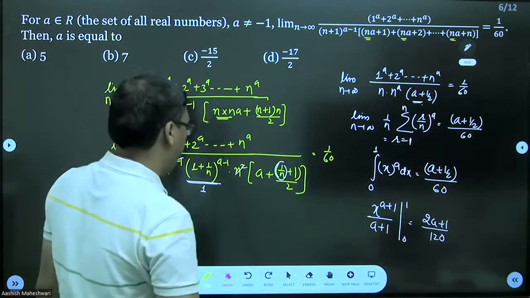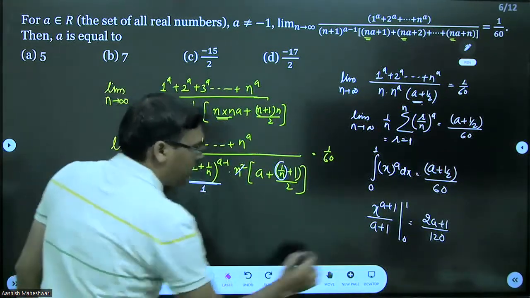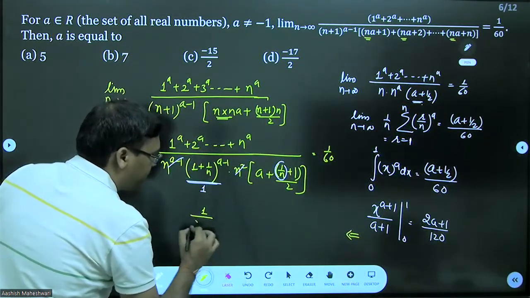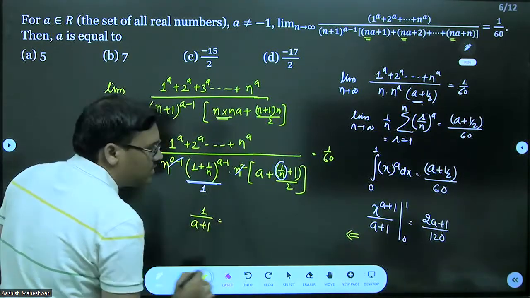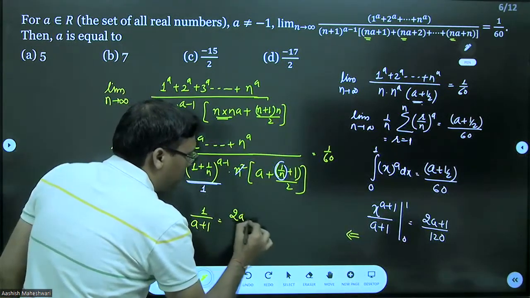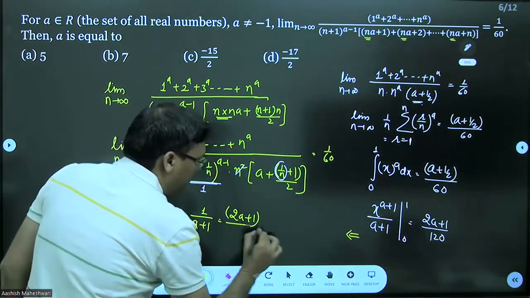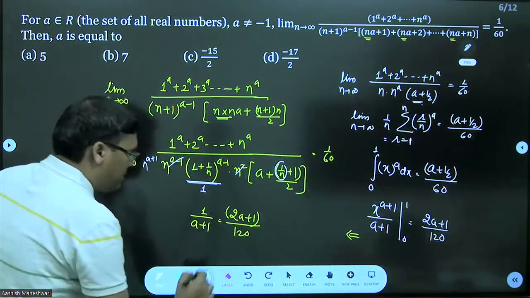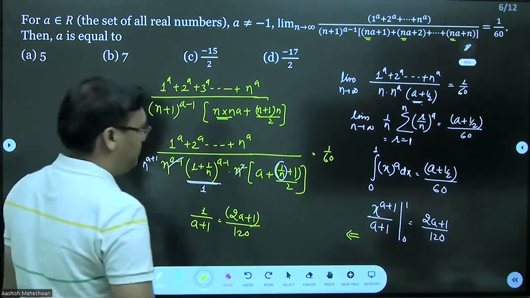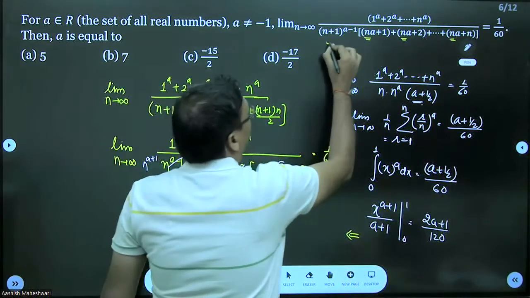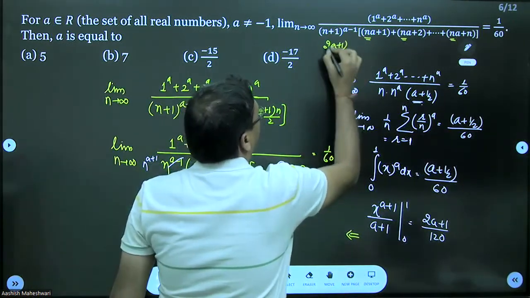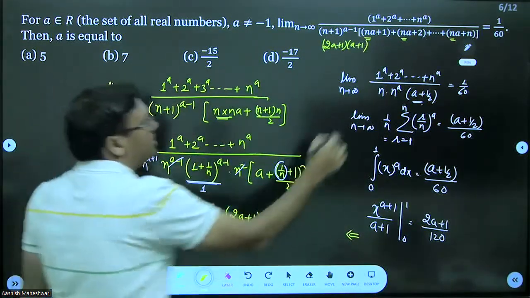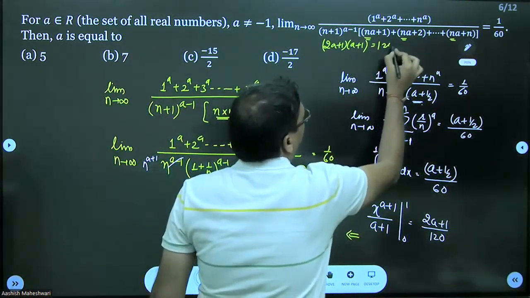So effectively, the final equation that forms, I'll just write it here. This is 1 upon a plus 1, equal to 2a plus 1 divided by 120. If you cross multiply and simplify this, you will get a quadratic: 2a plus 1 into a plus 1 equals 120.